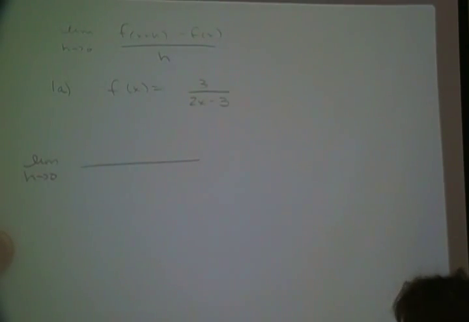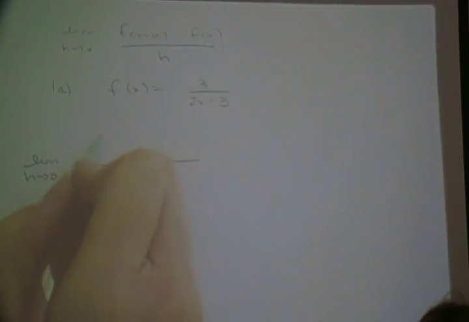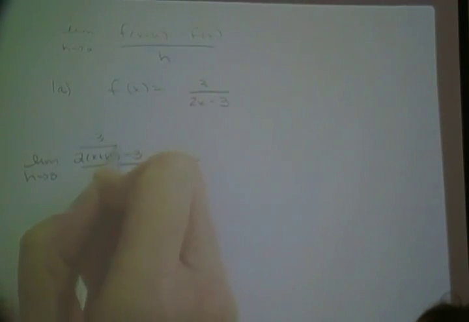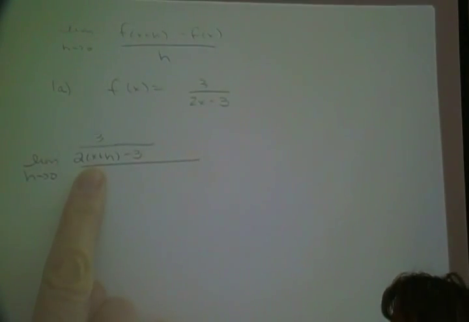Okay. So for the first one, for 1a, if the function is 3 over 2x minus 3, then you would want to take the limit as h goes to 0 of 3 over 2 times the quantity x plus h, minus 3, because that's the function evaluated at x plus h.